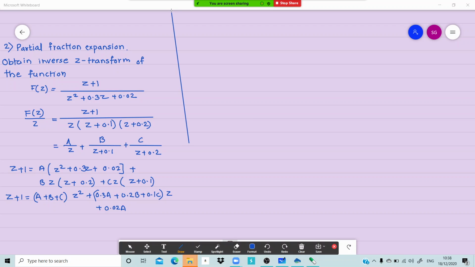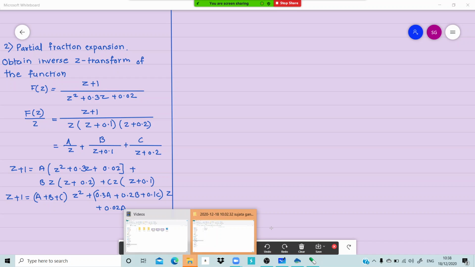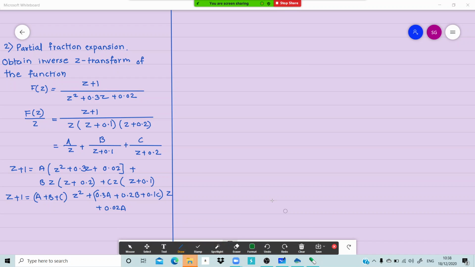So let me write that thing on this side. So see, 1 is equal to 0.02 a.